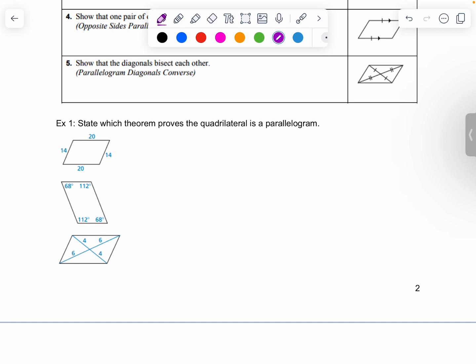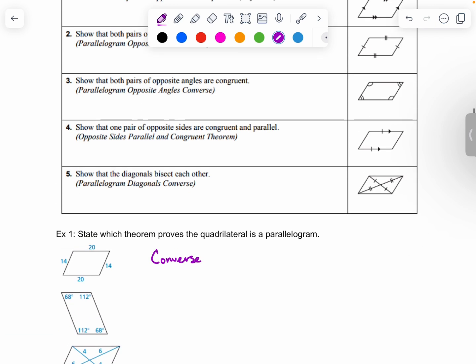So on that first one, we know that this is a converse. I know technically it says parallelogram, opposite angles converse, but you could do converse of, that's totally fine as well. So converse of parallelogram, opposite sides.